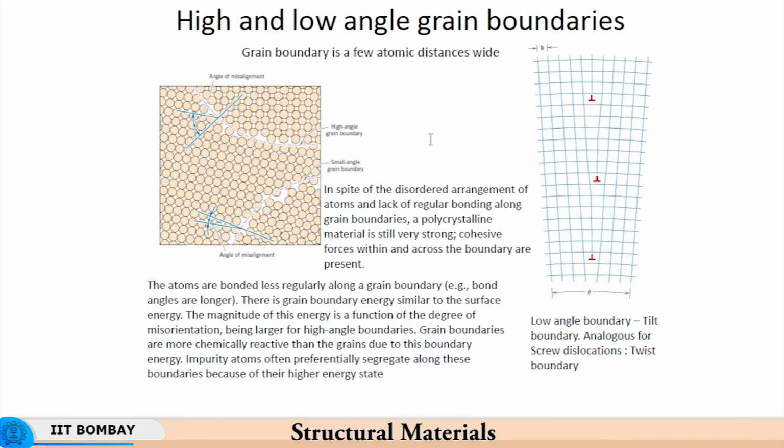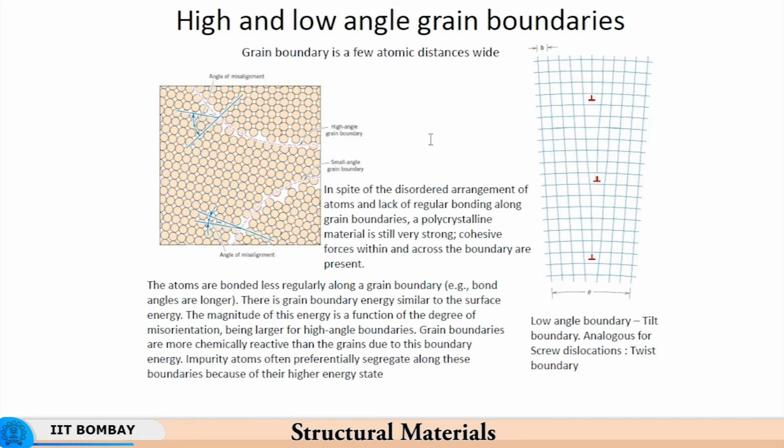So now we understand why the grain boundaries are more chemically reactive than the grains, due to the grain boundary energy that is stored there. And impurity atoms, which often create disorder in the orderly arrangement of atoms of a crystal lattice, segregate along these boundaries because of their higher energy state.